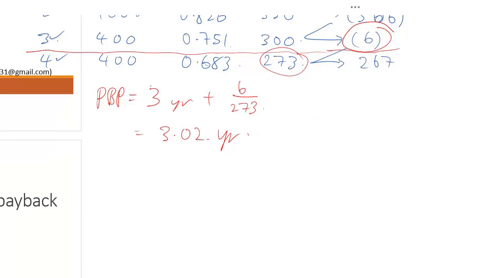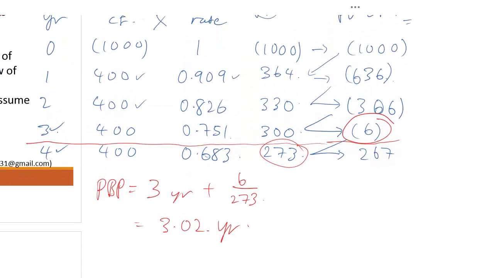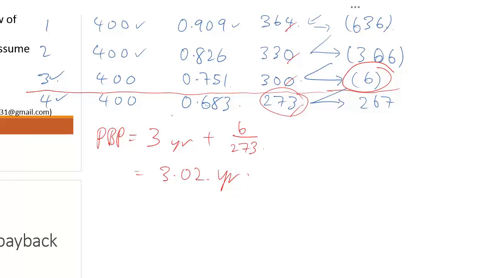3.02. Again, this makes the assumption that the cash flows that happen in each of the years that you see here, like 364, 330, 300 and 273, happen constantly and evenly throughout the periods. So the payback in this case for my last example is 3.02 years.